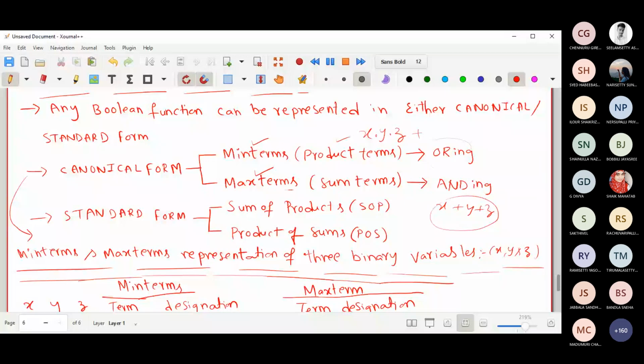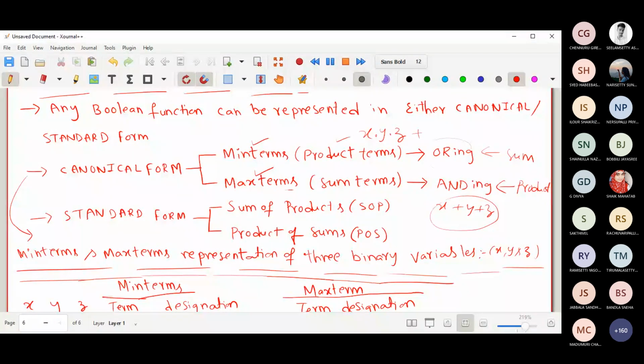In one case you are doing sum, in the other you do product. That is the only difference. So any Boolean function can be represented in canonical form, either min term form or max term form, based upon the given expression.